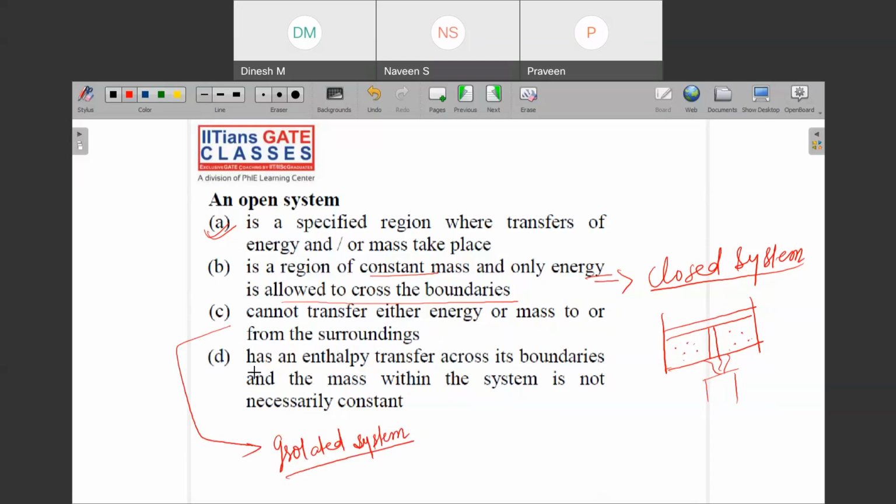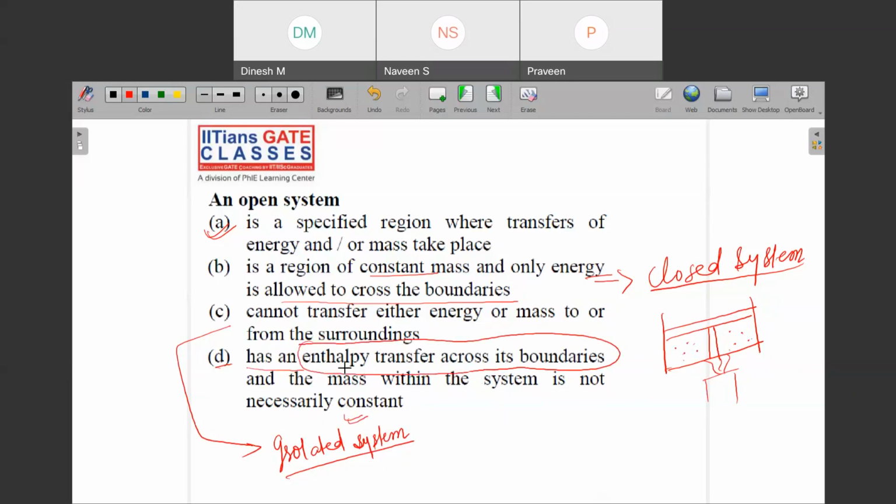And option 4 has an enthalpy transfer across its boundary and the mass within the system is not necessarily constant. This is true, but it is very specific. It says only enthalpy transfer across its boundaries, so this is partially true.